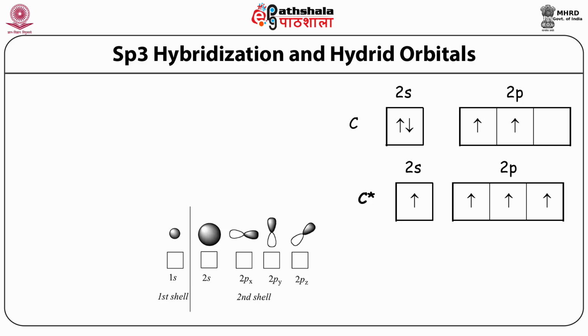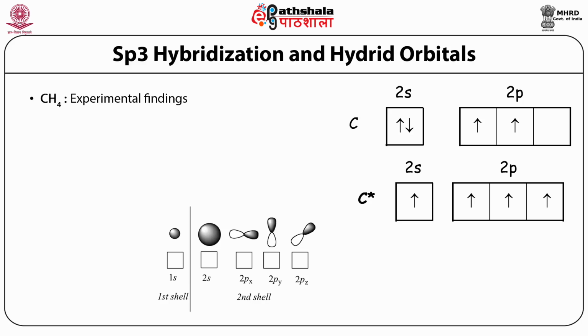Now, as we all know, the carbon's ground state configuration is 1s2, 2s2, 2p2, which can be represented like this: we have 2 electrons in 2s, and 2p has 3 components, px, py, pz, and so px and py have 1 electron each.